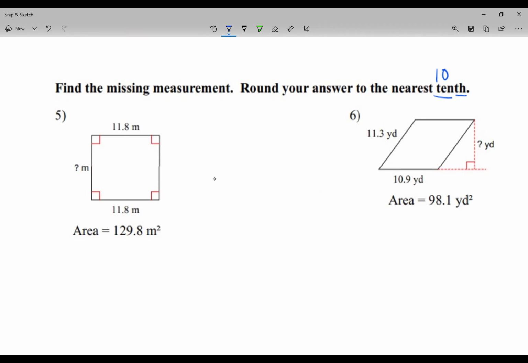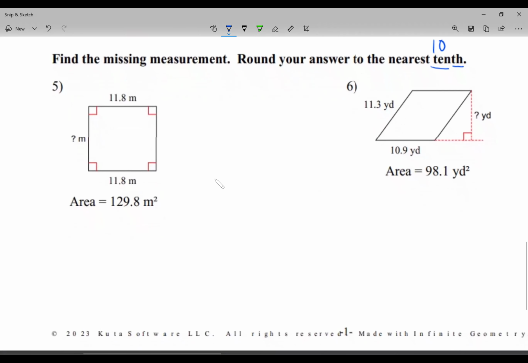Now looking at this one, let me choose a 90-degree corner. It is made by this measurement. I don't know what this measurement is, it has a question mark, but I remember back in algebra, when we don't know something, we replace it with a letter. So let me call this X. My 90-degree corner is also made by 11.8.